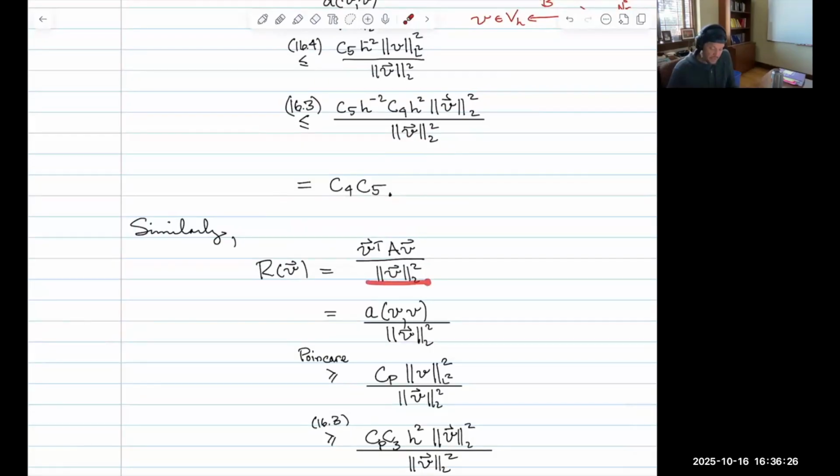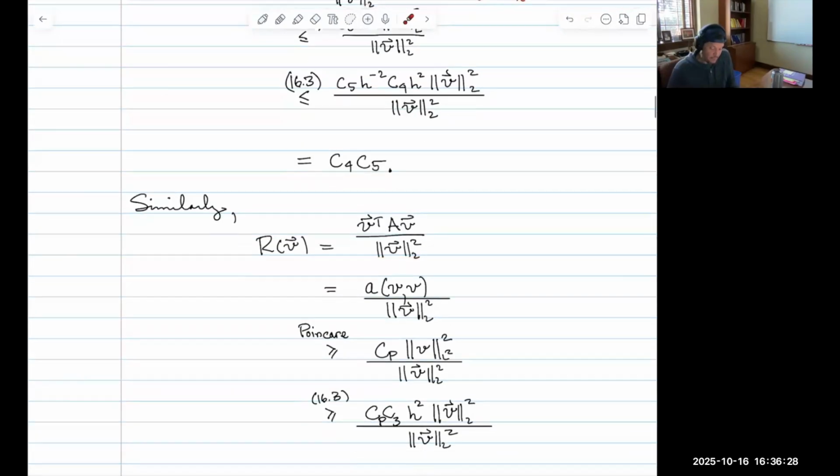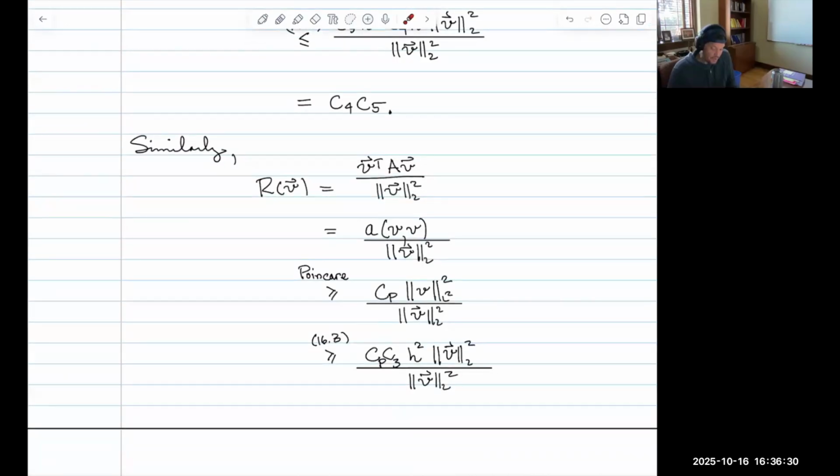Well, the Rayleigh quotient is still defined in exactly the same way. We still can show that V transpose A V is equal to A(v, v).